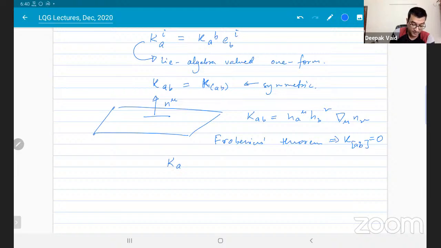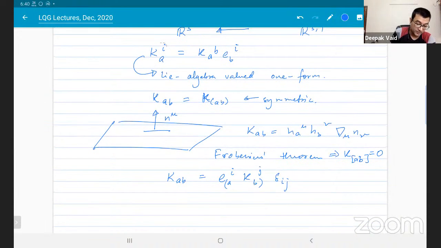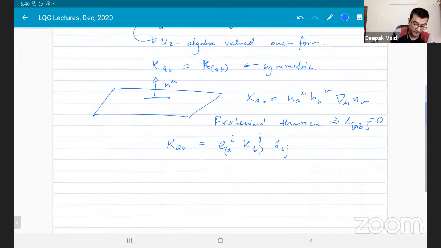So we can write KAB, we can invert this equation. This equation we can invert to write it in this way. KAB J, like this, delta I. Right? So this is the inversion of this equation, right?